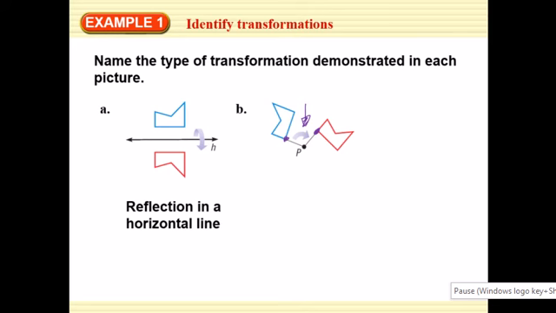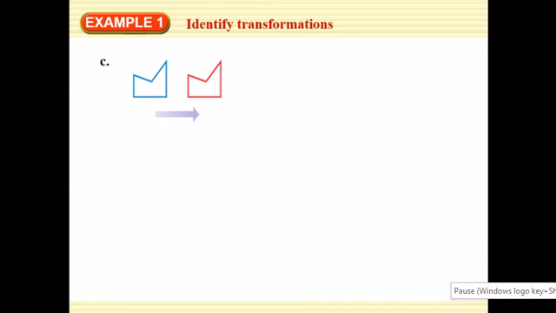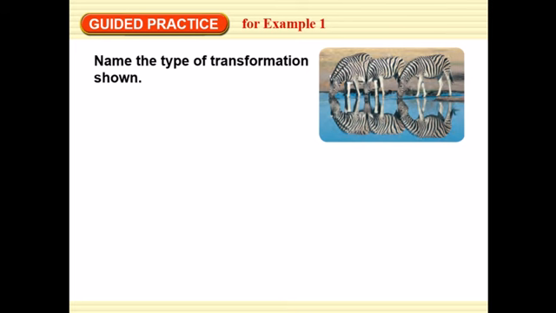So that is a rotation about a point. Part C, it is a nice straight arrow that is simply shifting blue to red, and that is a translation in a straight path. For the record, my original is always going to be blue in your textbook, and my image is always going to be red.